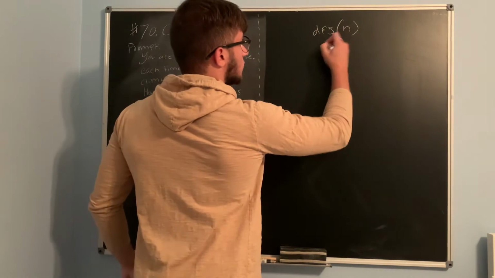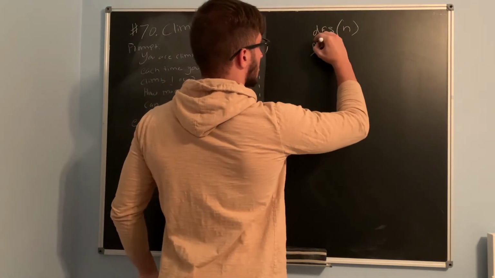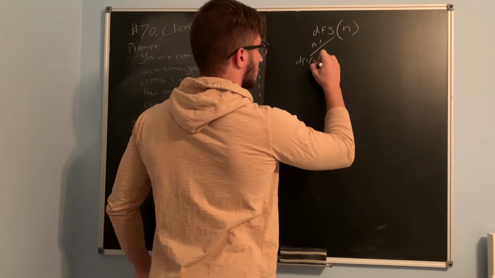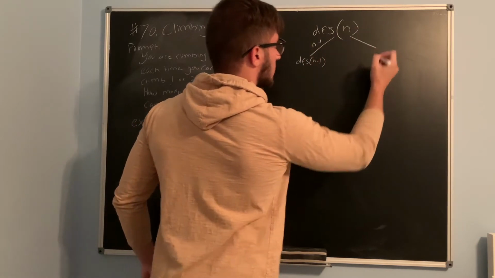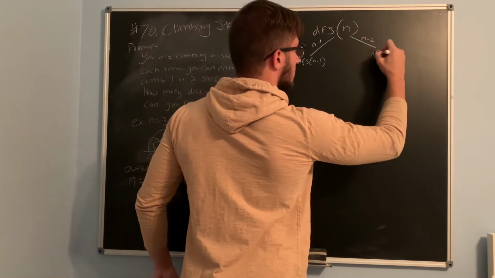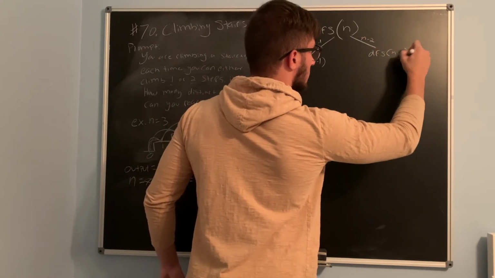So if we take 1 step, where we subtract n minus 1, then we would have DFS of n minus 1 here. Or we could take the other step, which is n minus 2, and we get DFS of n minus 2.